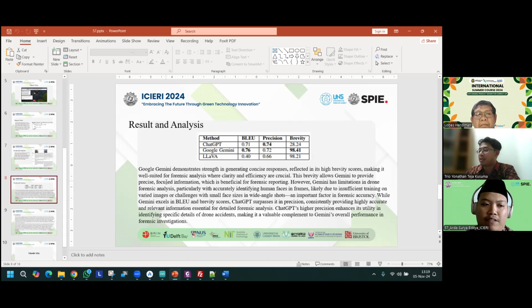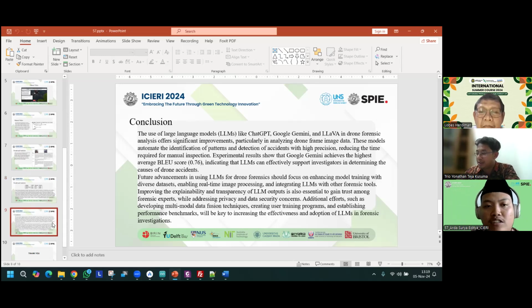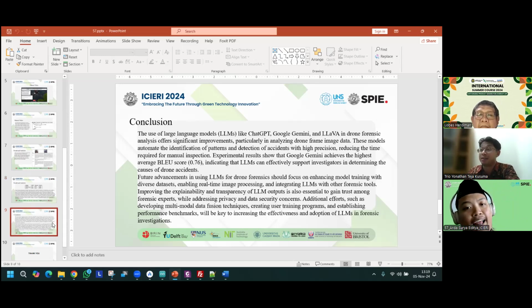For the conclusion, the use of LLMs such as ChatGPT, Google Gemini, and LLaVA in drone forensic analysis offers significant improvement, particularly in analyzing drone frame image data.